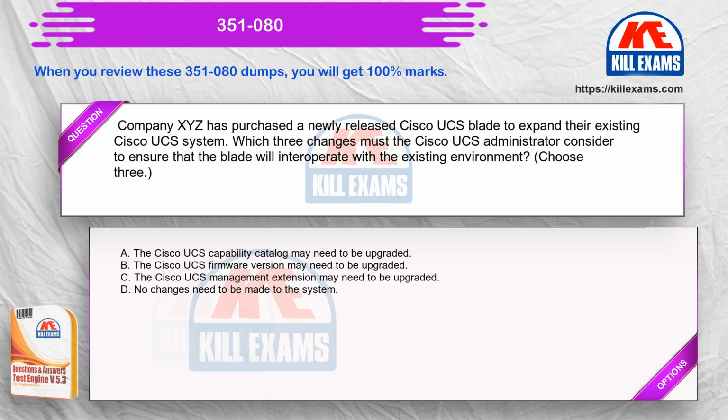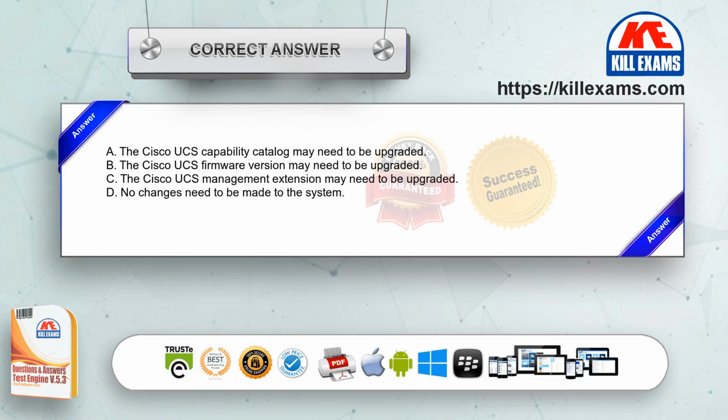Option B. The Cisco UCS firmware version may need to be upgraded. Option C. The Cisco UCS management extension may need to be upgraded. Option D. No changes need to be made to the system. The correct answer is options A, B, C.